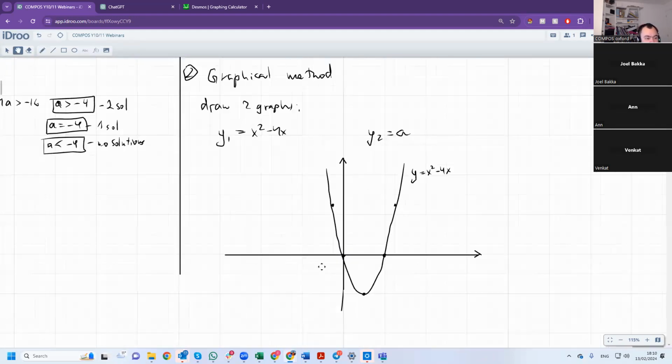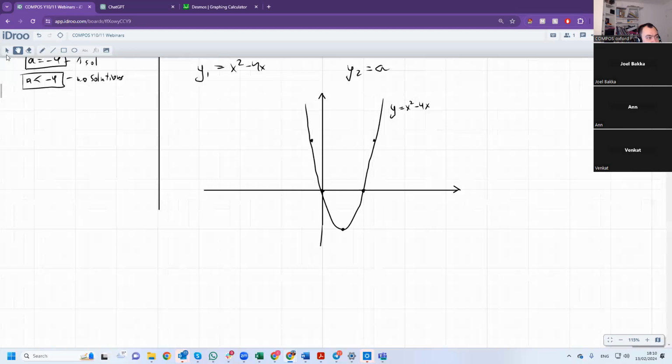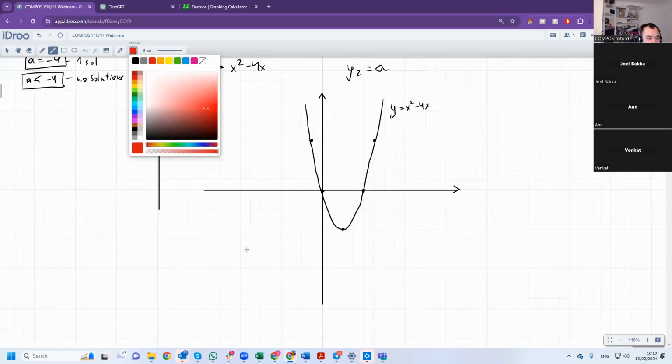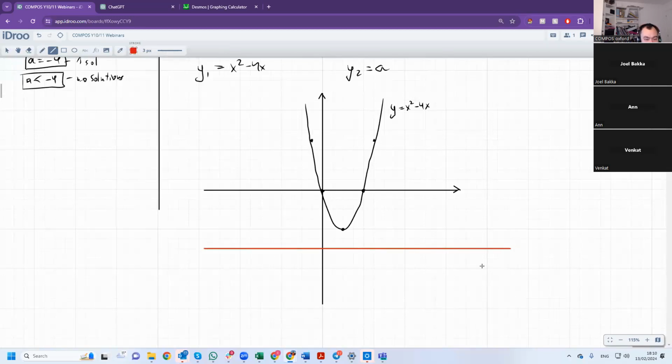Now the second graph is y equals a. This is a horizontal line. Depending on a, it's like a quadratic inequality.